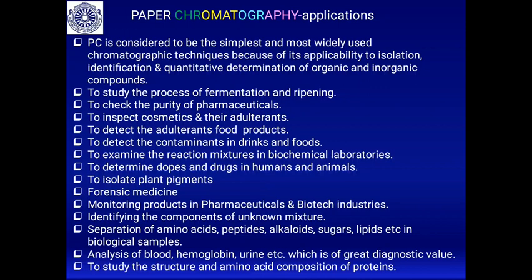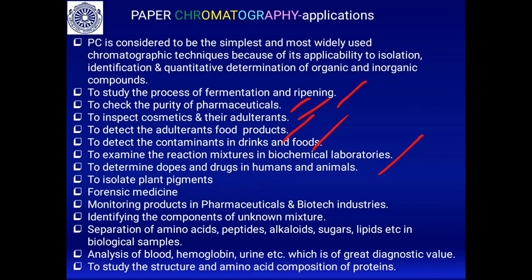To study the process of fermentation and ripening, to check the purity of pharmaceuticals, it is used in pharmaceutical industries, to inspect cosmetics and their adulteration in the cosmetic industries, to detect adulterants in food products, to detect contaminants in drinks and foods, to examine the reaction mixtures of biochemical laboratories, protein mixtures, amino acid mixtures, sugars, lipids, and all these get separated using this technique.